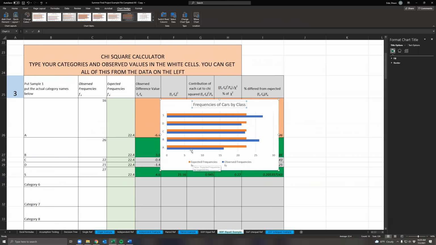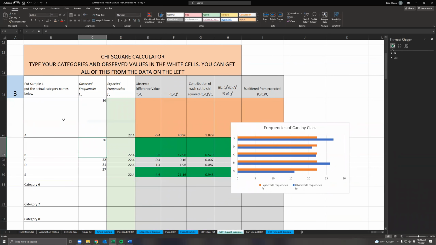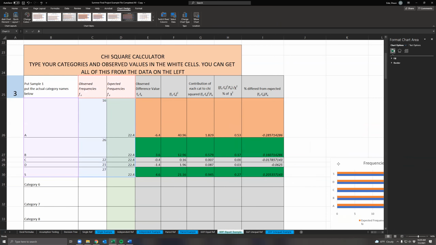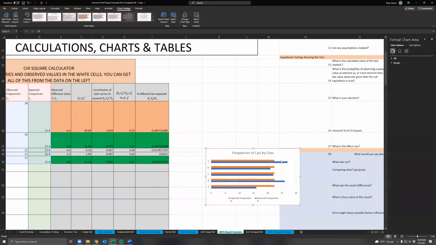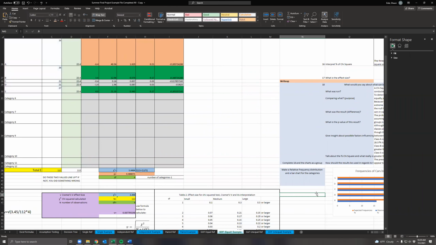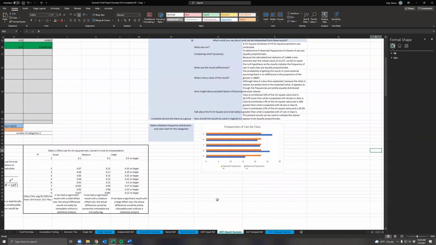The orange is the expected frequency, the blue is the observed frequency, and you literally just have to do that, and it gives you the observed compared to the expected. If you wanted to, you could reorder these. It really wouldn't be that bad of an idea, but it can get a little weird trying to reorder those while it's still in there. So I'm fine with it being like this. Okay, so we're going to put that right there. And so we've got the observed compared to the expected, and this really shows you a visual of the distribution.